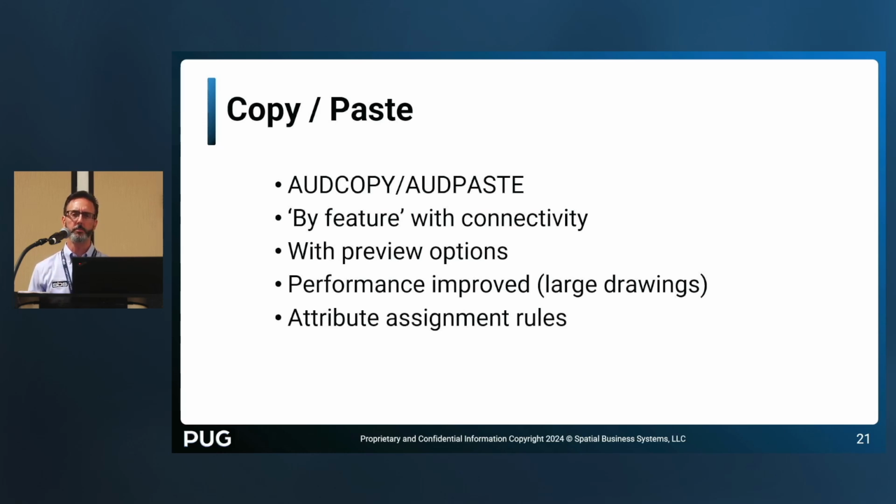You can also copy with a preview, with connectivity. If you were copying, say, a transformer from pole to pole, this would allow you to paste that transformer, but then establish the connectivity to the new pole as you're placing it.